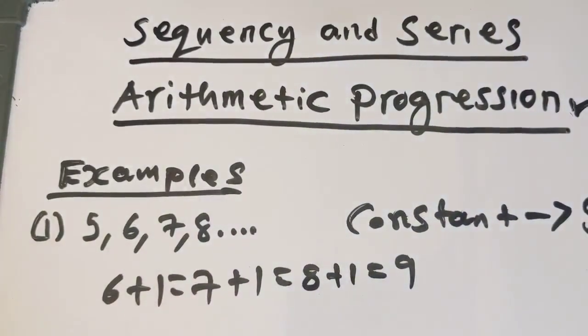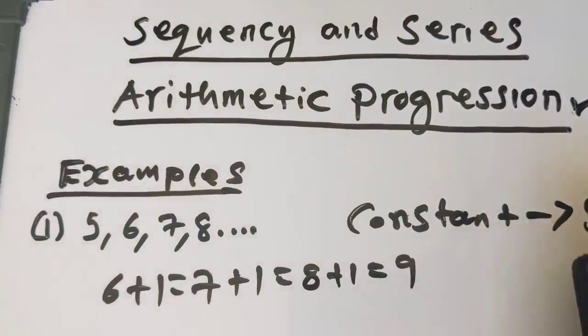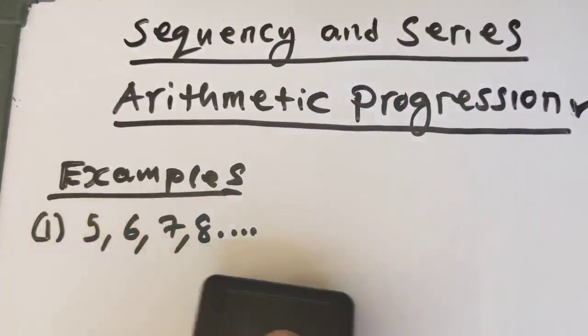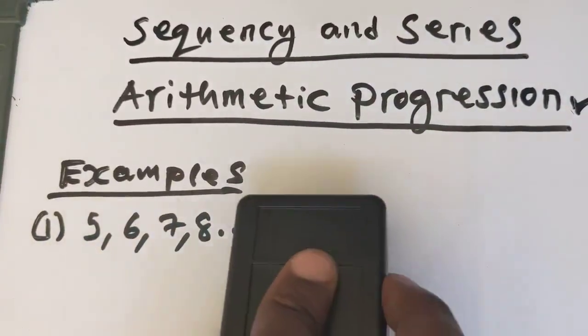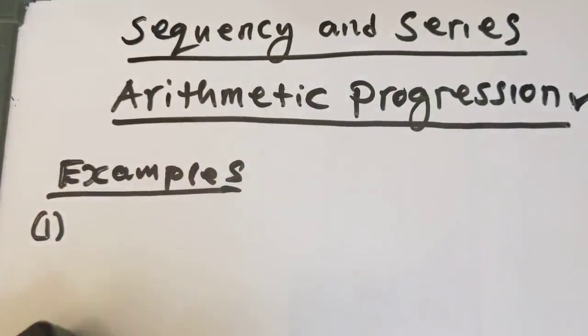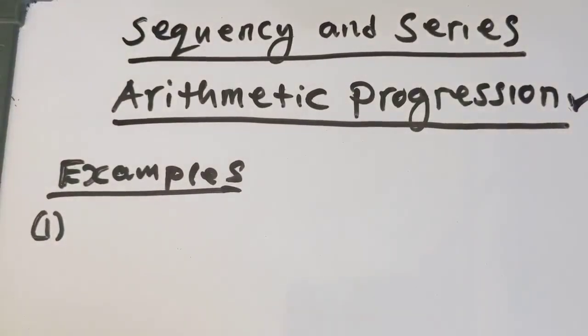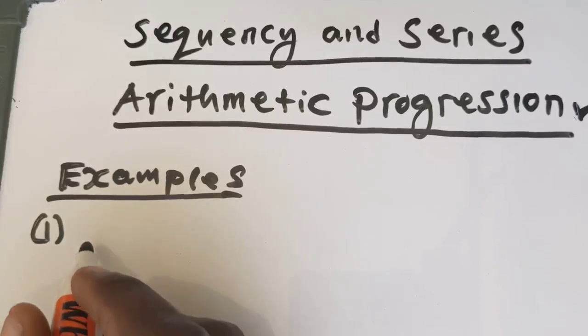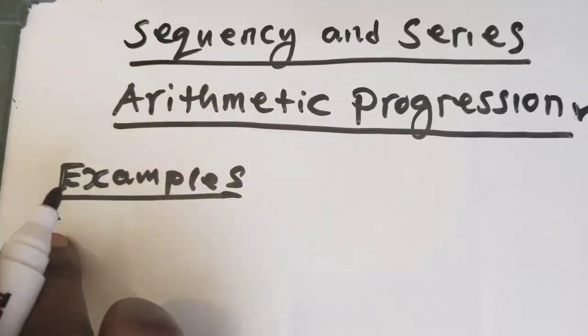Okay, so for more understanding, let's check another example of an arithmetic progression, an arithmetic sequence of a certain pattern. This is our example 2.